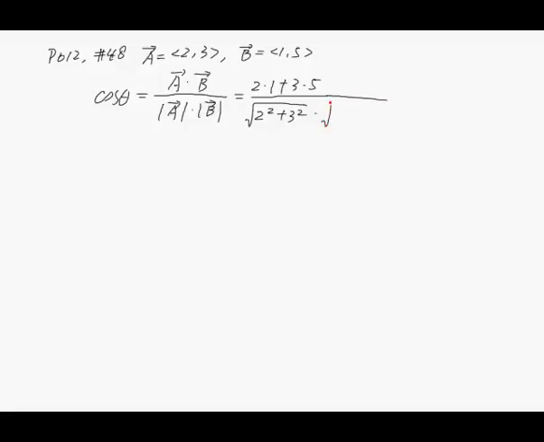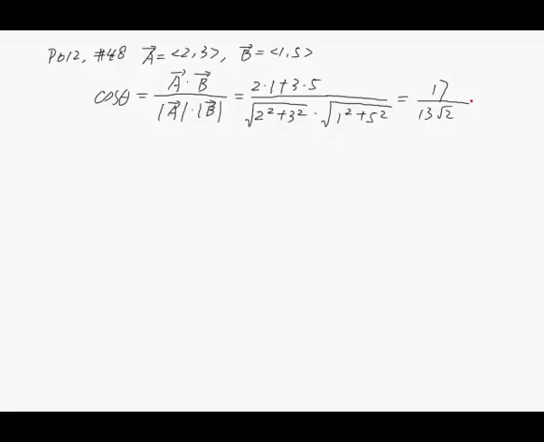For the magnitude of B, you have the square root of 1 squared plus 5 squared. And then you simplify, you get 17 over 13 times root of 2.